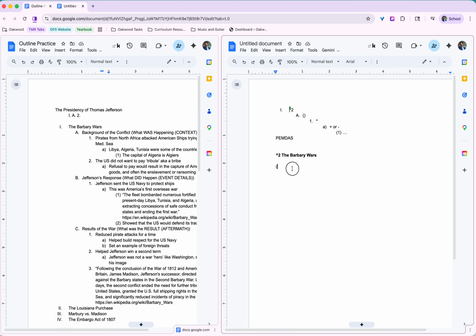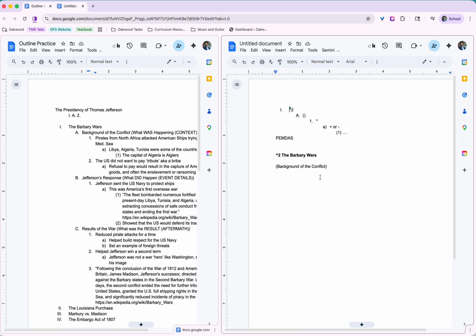We have background of the conflict. So I'm going to write that, background of the conflict. There we go. Which is going to be our first sentence. And then after that, what do we have? We have multiplication. We are using multiplication to talk about our most important points, which are going to be these numerical details.